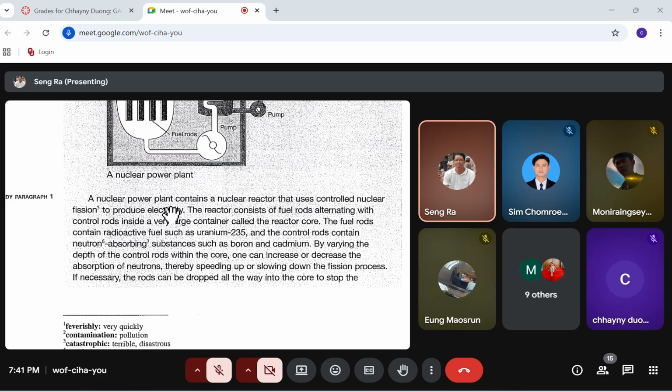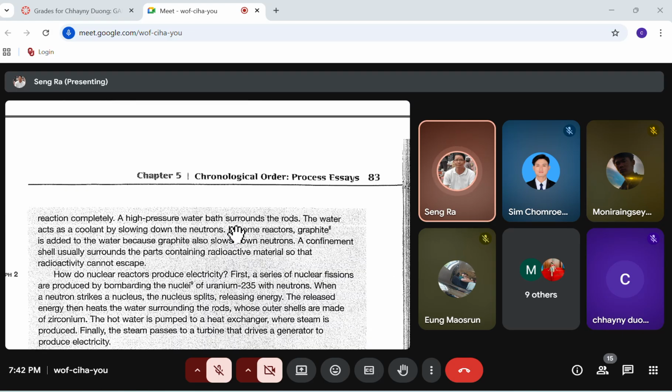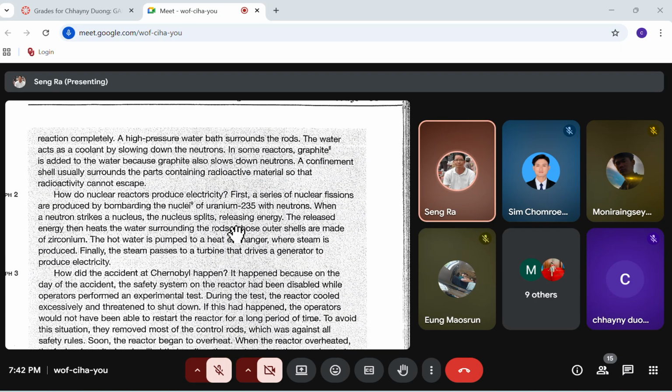The second paragraph talks about how a nuclear reactor produces electricity. In the developed world it's very common, in Japan for example. They use nuclear energy to produce electricity.